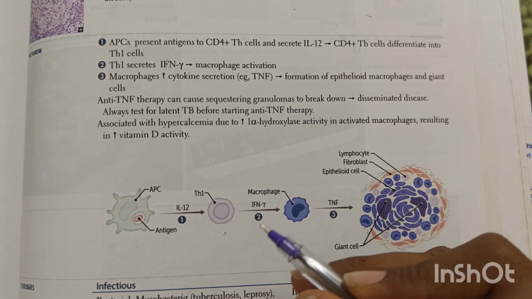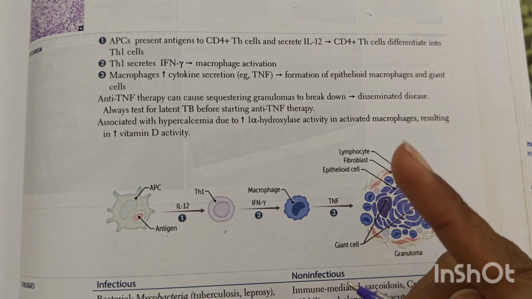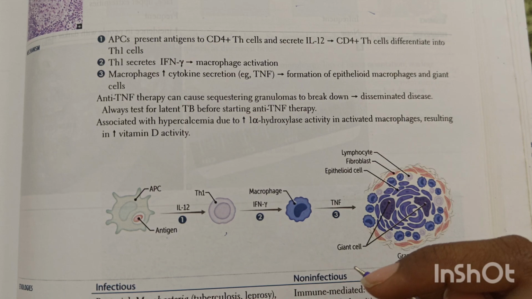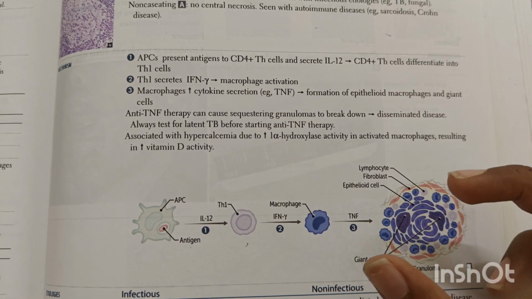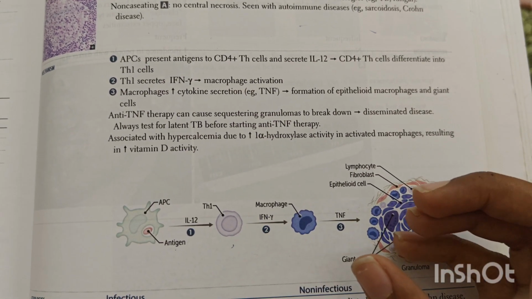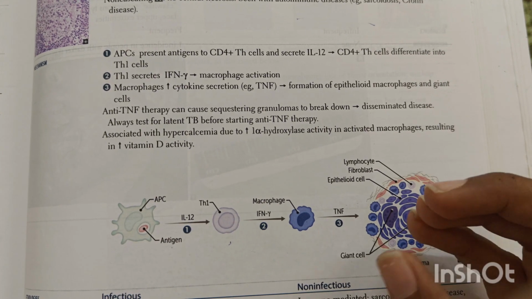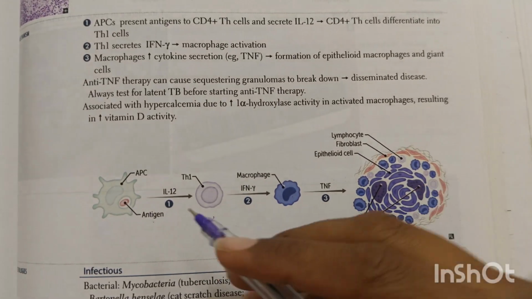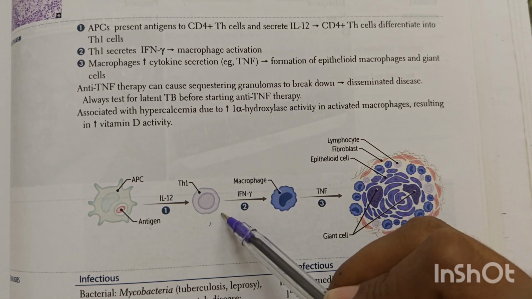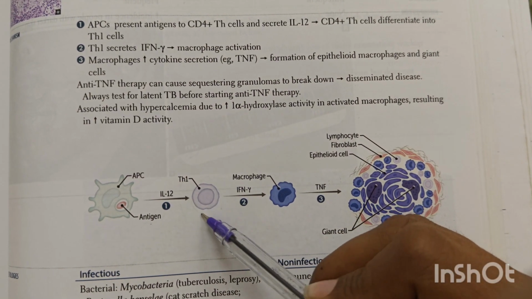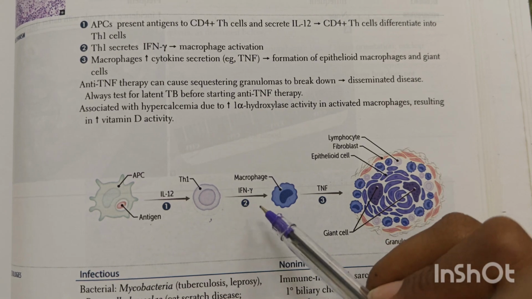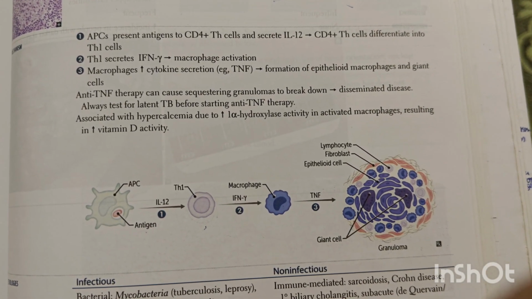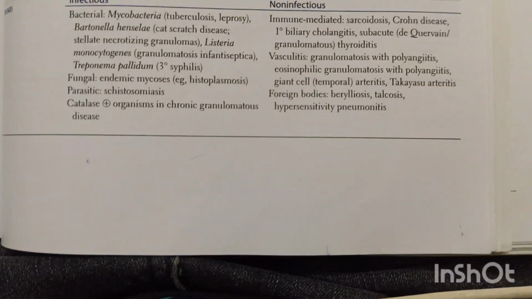This is associated with hypercalcemia due to increase in 1-alpha hydroxylase in macrophage, which also results in increased vitamin D. So in this mechanism you will have more vitamin D and more hydroxylase activity. So this is how granuloma forms. First IL-12, so it is due to TH1, and this TH1 will form IFN gamma, and the macrophage will release TNF and finally form granuloma.